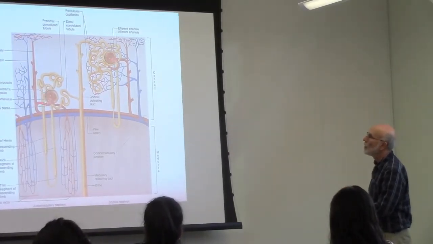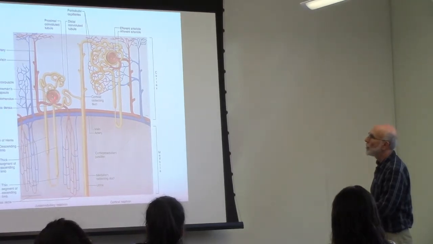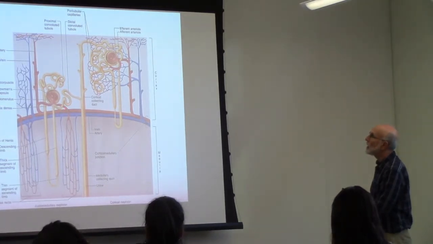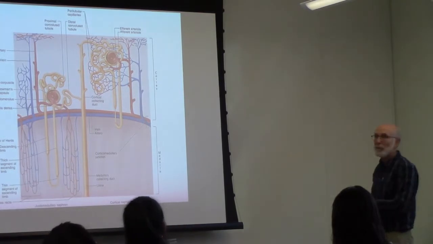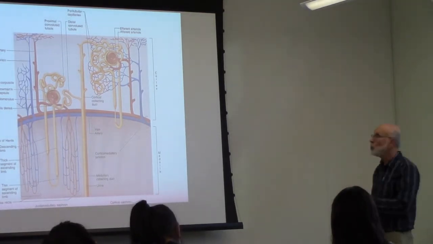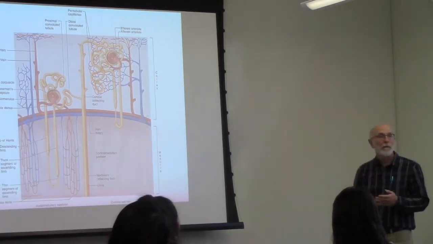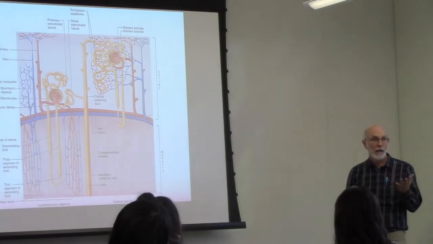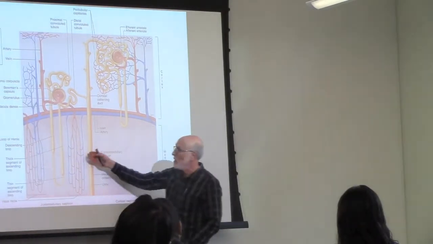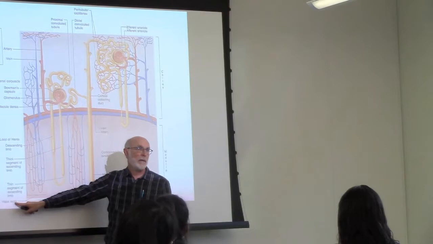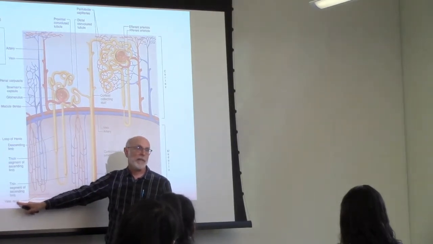Afferent arterioles, glomerular capillary, efferent arterioles, and then the efferent arteriole gives rise to either the peritubular capillaries, or this loop of capillary that has a special name called the vasa recta.